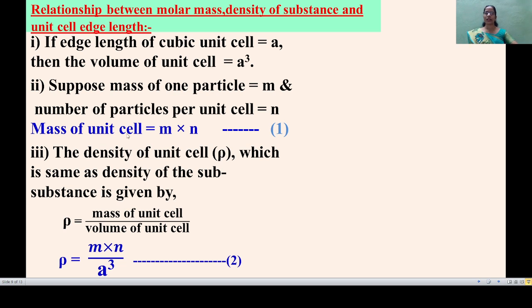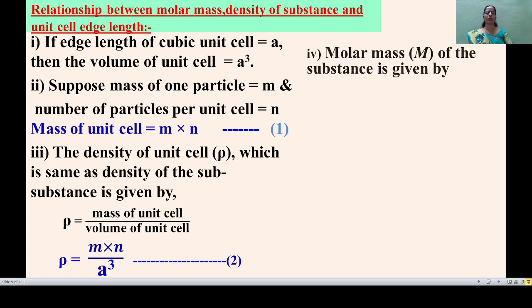Here we determined the mass of the unit cell in equation number 1, and also the volume of the unit cell, and therefore we can write density rho is equal to m into n divided by a cube. Let this be equation number 2.